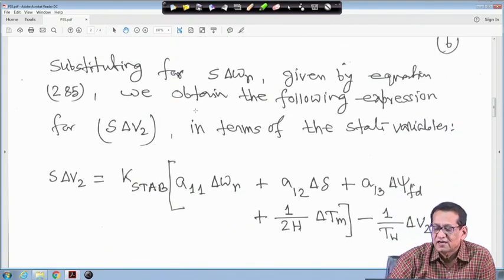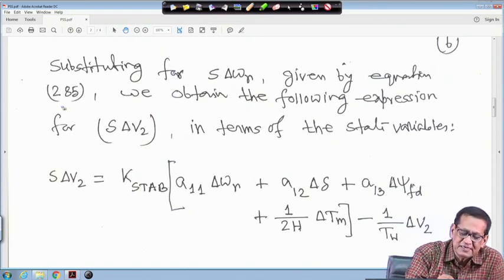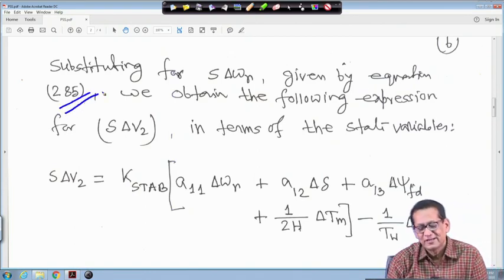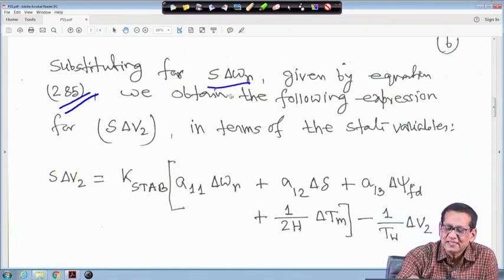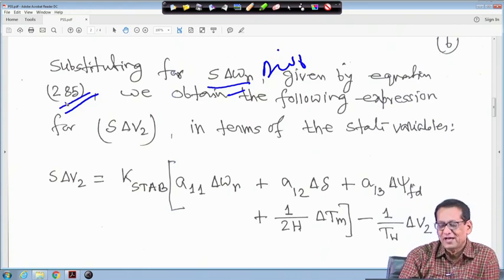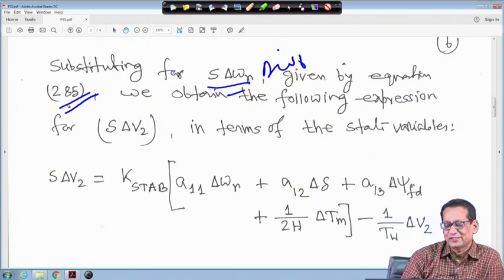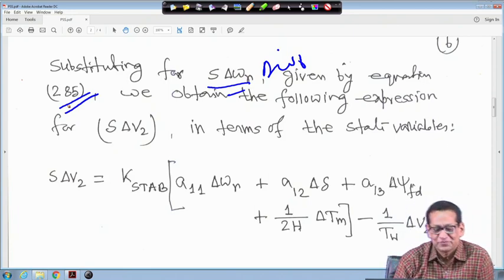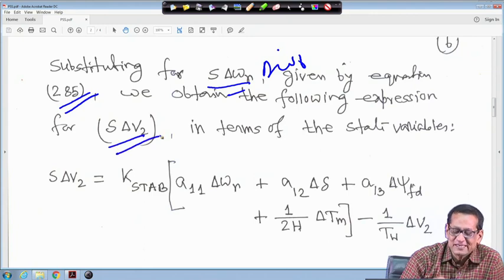It is actually the same thing, 267, here it is 285, right. S delta omega is nothing but delta omega dot, either 267 or 285. I think from equation 285 I have substituted here, right. So, then we obtain the following expression of S delta V2.